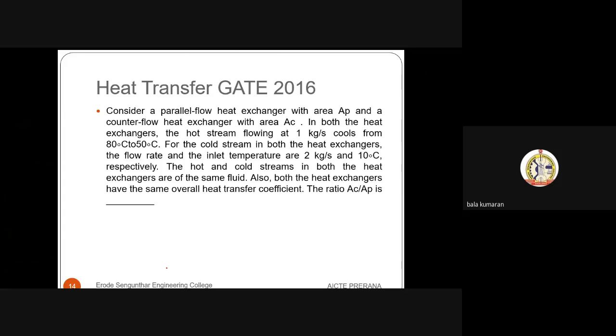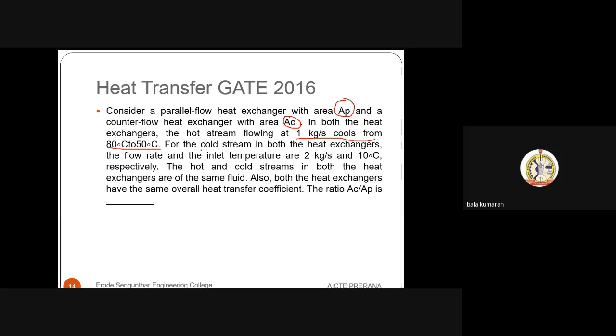This question was asked in GATE 2016. I will read out the question. Consider a parallel flow heat exchanger with area AP and a counter flow heat exchanger with area AC. In both heat exchangers, the hot stream flows at 1 kilogram per second, cooling from 80 degrees Celsius to 50 degrees Celsius.